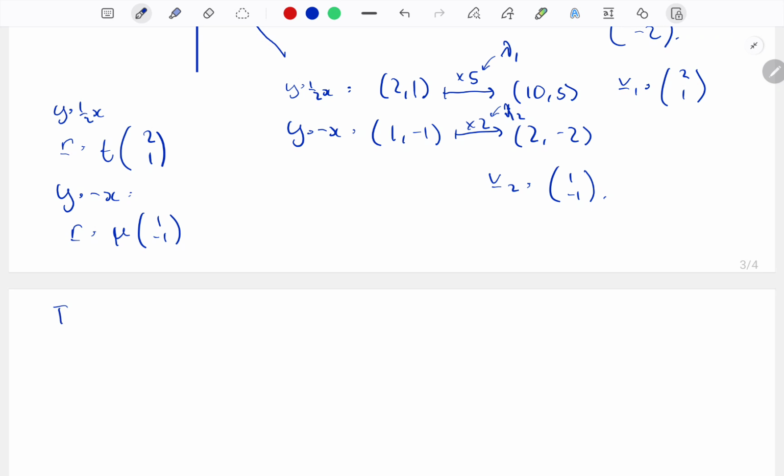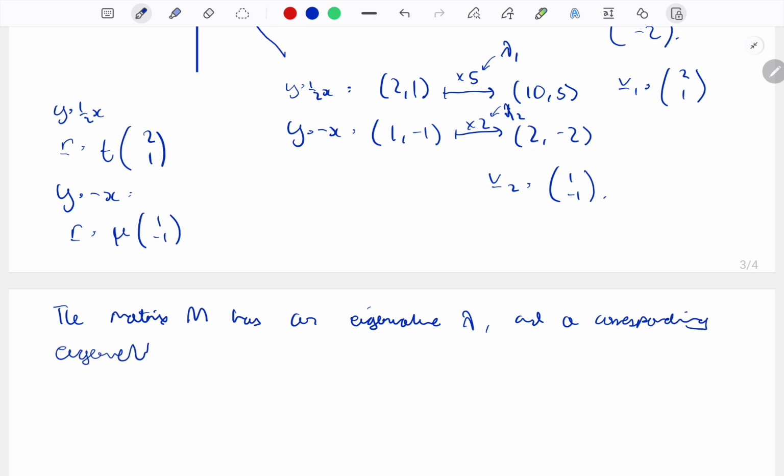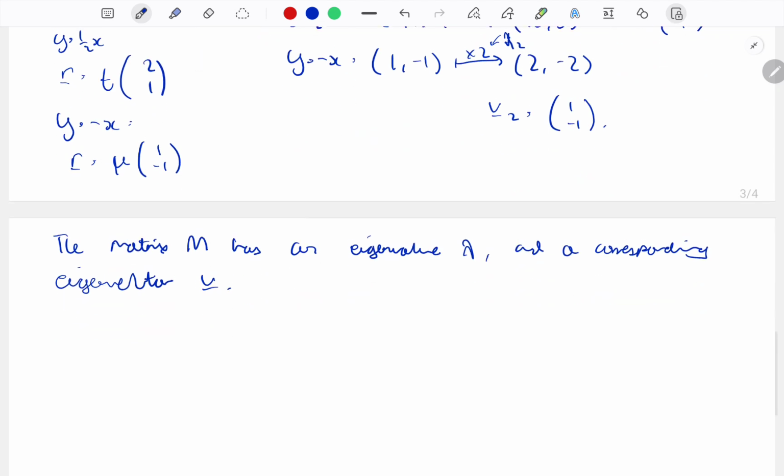Let's say the matrix M has an eigenvalue lambda and a corresponding eigenvector V. When M is applied to a point on V, it gets mapped to a different point on the same eigenvector.